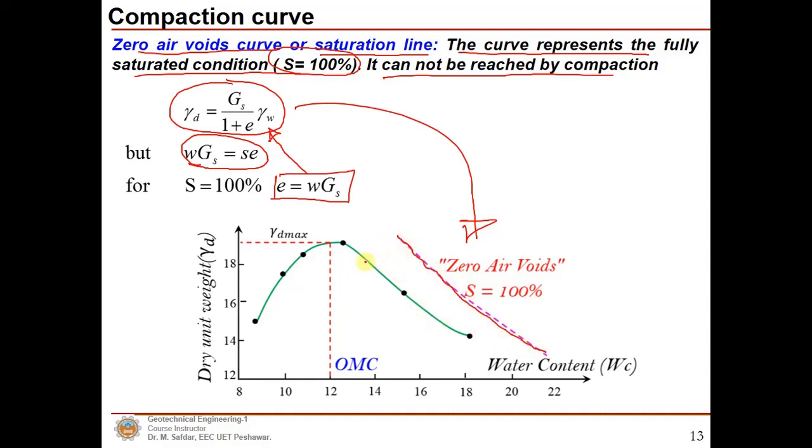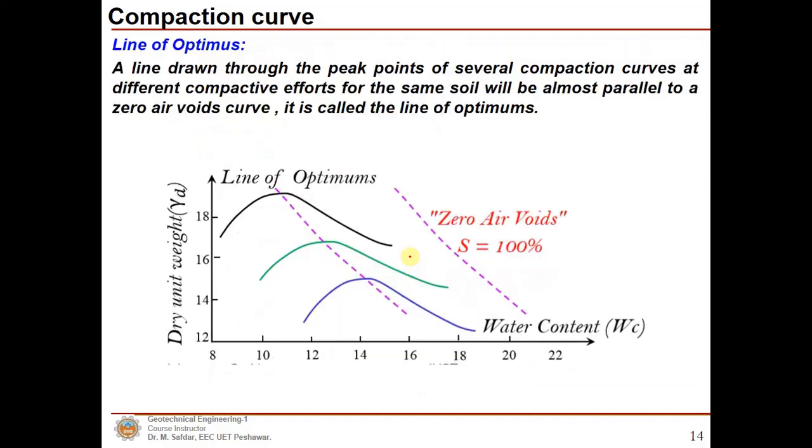Please note down that the zero air voids line must lie towards the right side of the compaction curve, and this compaction curve cannot reach the zero air voids line.